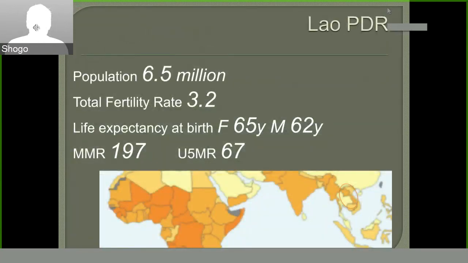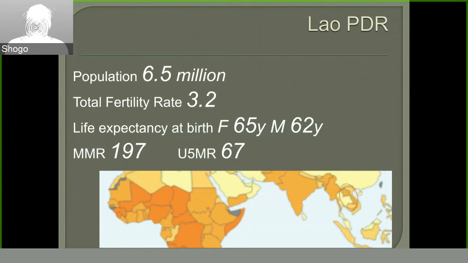Okay, so Laos is in Southeast Asia, as many of you might know. It's on the map on the right side, circled in red. Population of 6.5 million, total fertility rate of 3.2, life expectancy for females 65, males 62, MMR 197 per 100,000 live births, and under-5 mortality rate of 67.